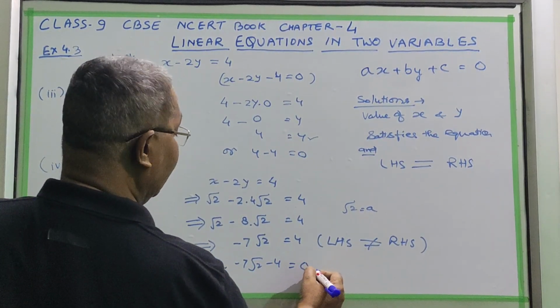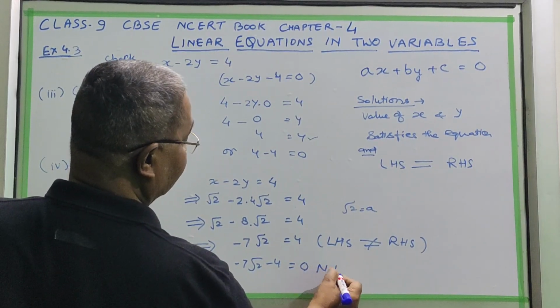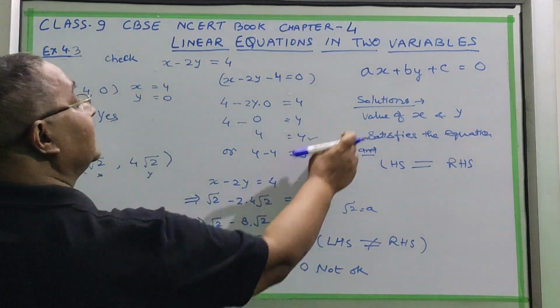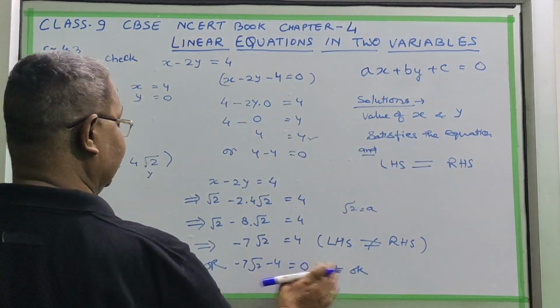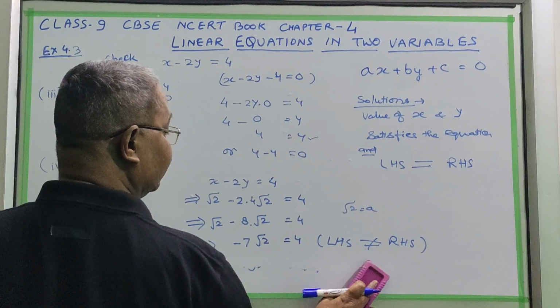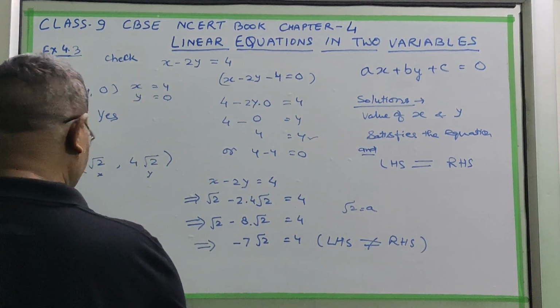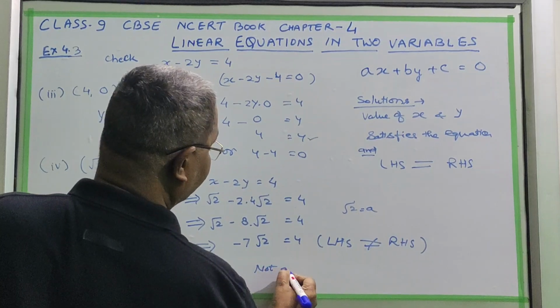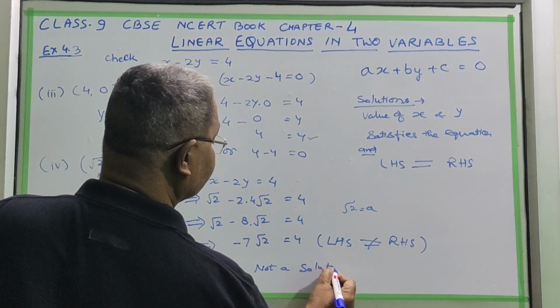This is also not possible, so this equation is not satisfied. That's why it is not a solution. This line we will not write, just for explanation I am telling. We will write and say not a solution.